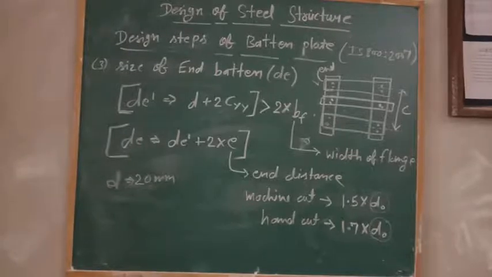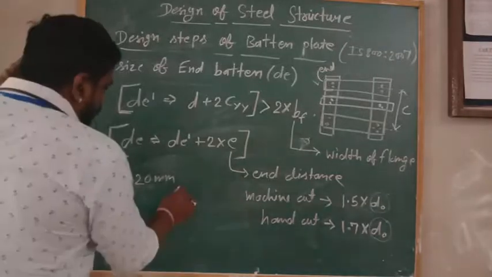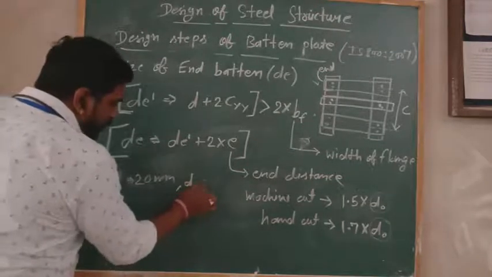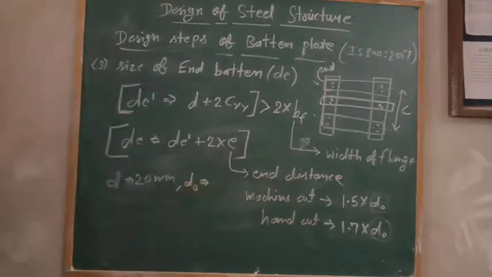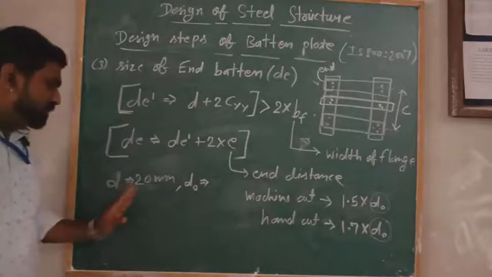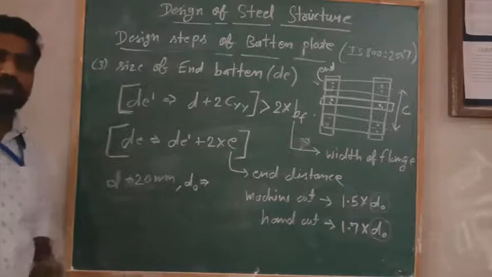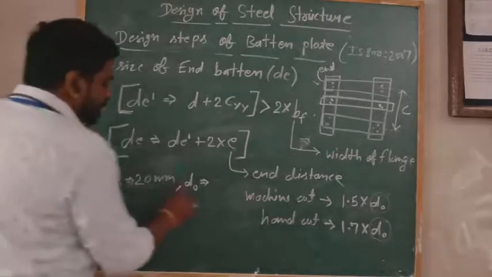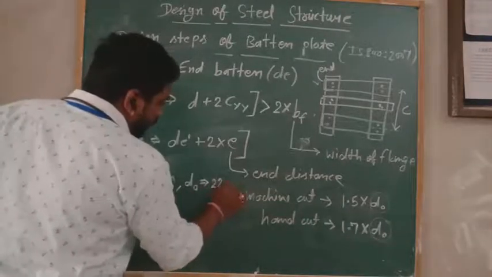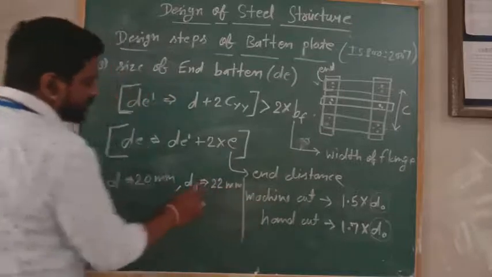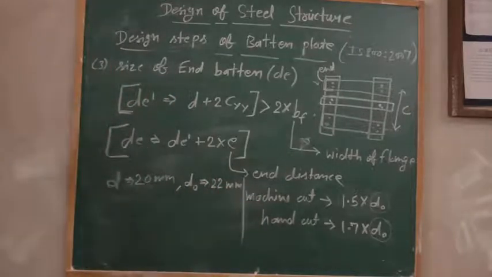Now what is the diameter of bolt hole, D naught? We can read that when the bolt diameter is more than 16 mm, we add 2 to the diameter of bolt hole, so 20 becomes 22 mm. It is the diameter of bolt hole. Now we can find it for both machine cut and hand cut.